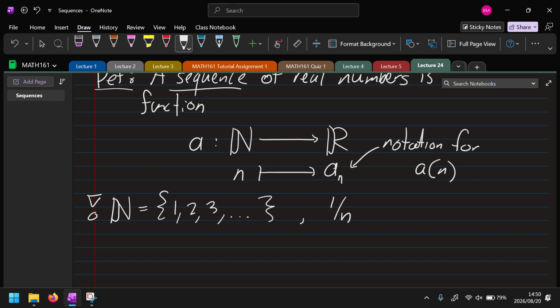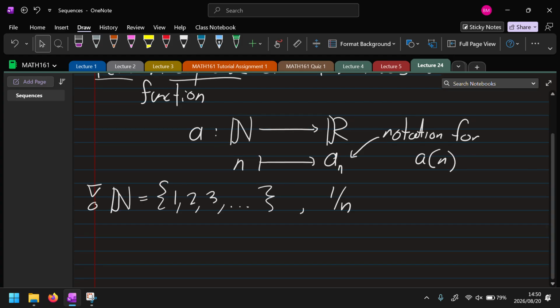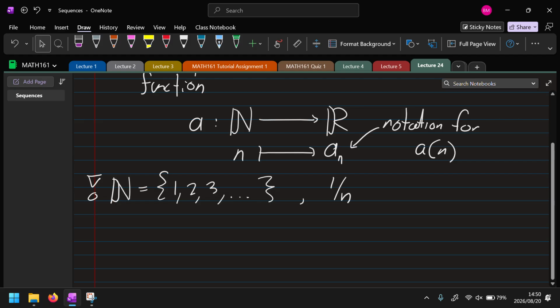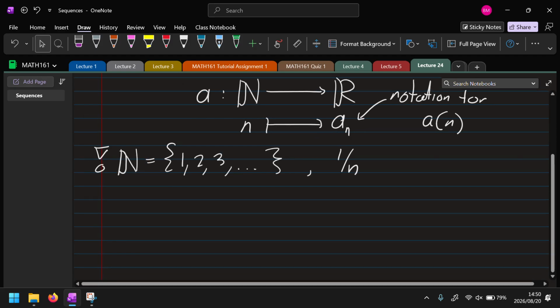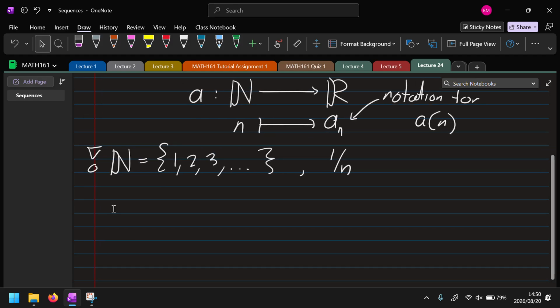If I don't make this clear, you might think natural numbers start from 0. Some people take that. But then 1 over n becomes an issue. So we will always take the natural numbers to be from 1. It avoids the issues with the 1 over n. Just some notations on this.